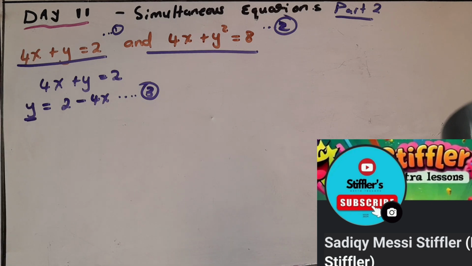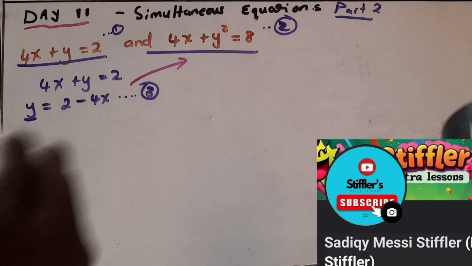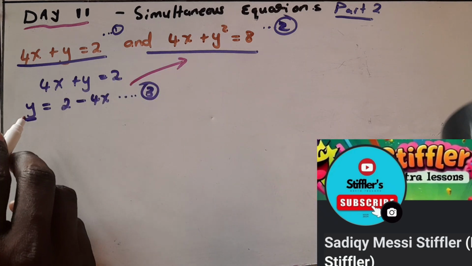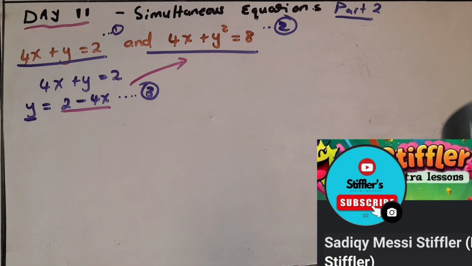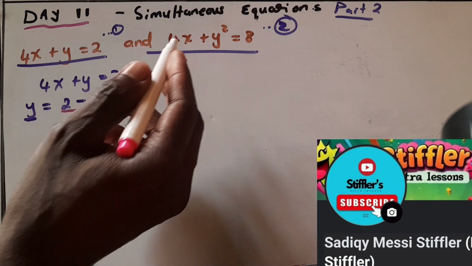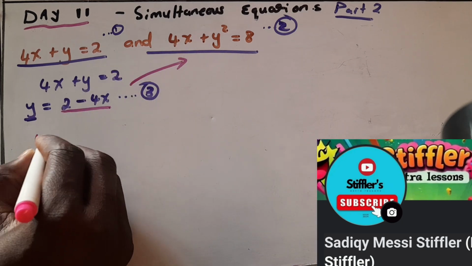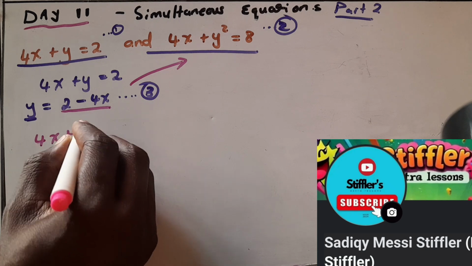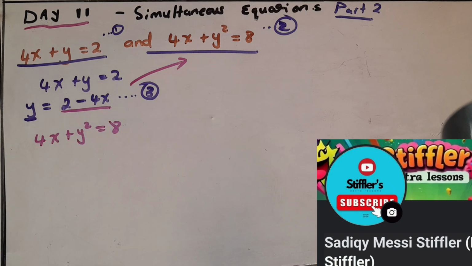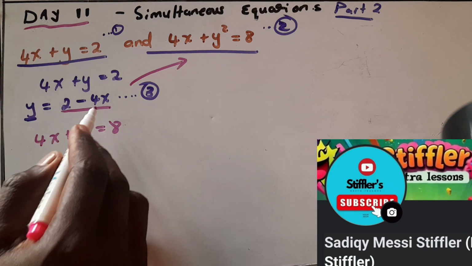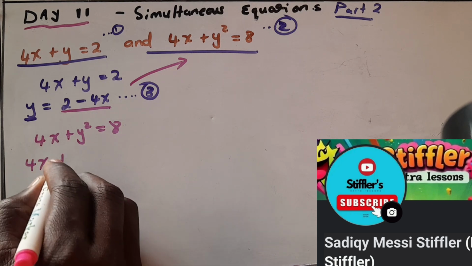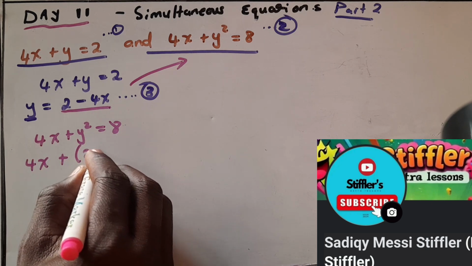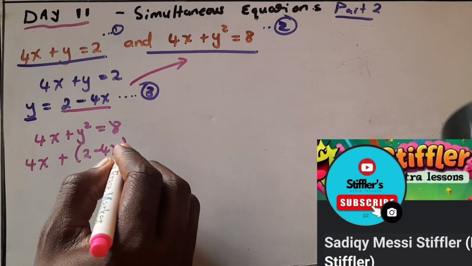Now we made y the subject of the formula, so we are going to substitute that into the other equation. Wherever there is y, we substitute 2 minus 4x, and don't forget the brackets. Let's take this equation: 4x plus y squared is equal to 8. Where there's y, we substitute, so this becomes 4x plus (2 minus 4x) squared equals 8.